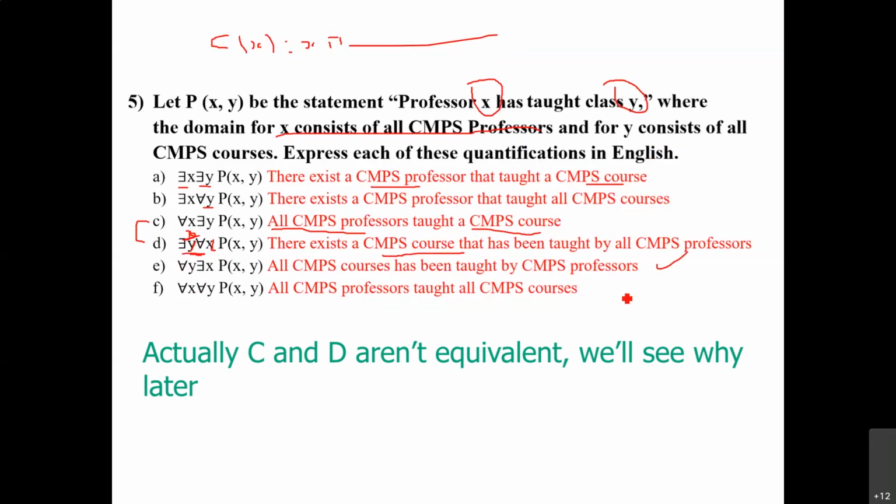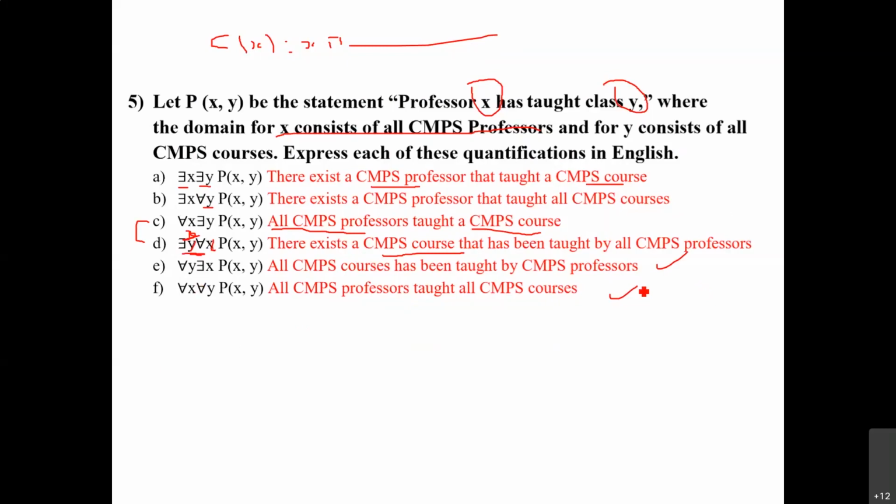You have E and you have F. Is E wrong? For every Y, there exists X. All CMPS professor has been taught by CMPS professors. I don't know. Let's see.